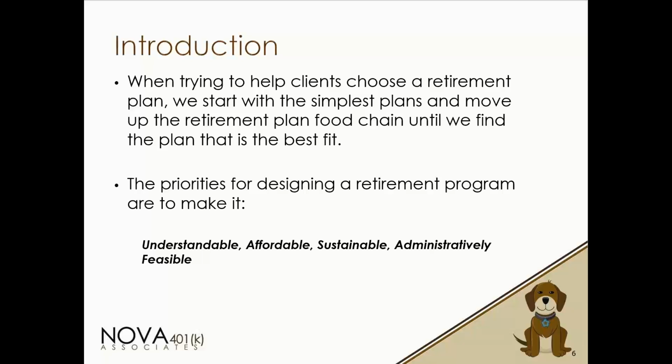We're looking for retirement programs that are understandable, affordable, sustainable, and administratively feasible. And we'll walk through what that looks like and what an optimal program will be, but just keep those priorities in the back of your mind as we're going through this presentation.